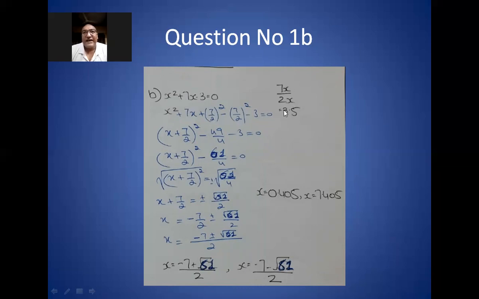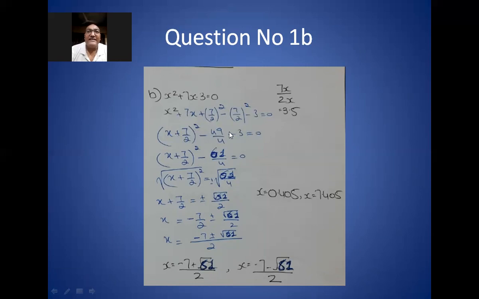So x and x cancel, 7 by 2. So I will add the 7 by 2 whole square, and I will also subtract the 7 by 2 whole square. So here you can see I have written x squared plus 7x plus 7 by 2 whole square minus 7 by 2 whole square minus 3 equals to 0. So these first 3 terms, when you close them, they make the formula x plus 7 by 2 whole square minus 49 by 4 minus 3 equals to 0.